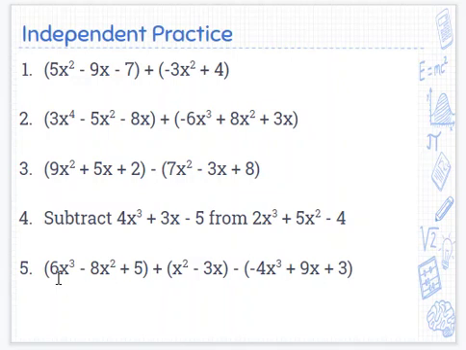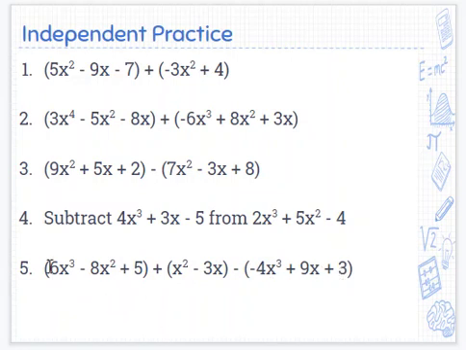And then the fifth problem, you're adding these two. Once you get your sum for these two polynomials, whatever that is, then you subtract it to the third polynomial.